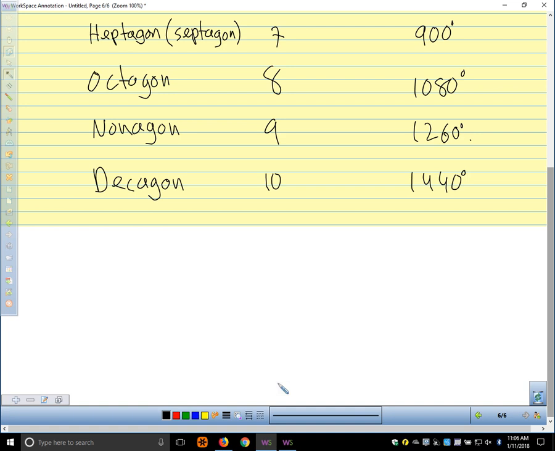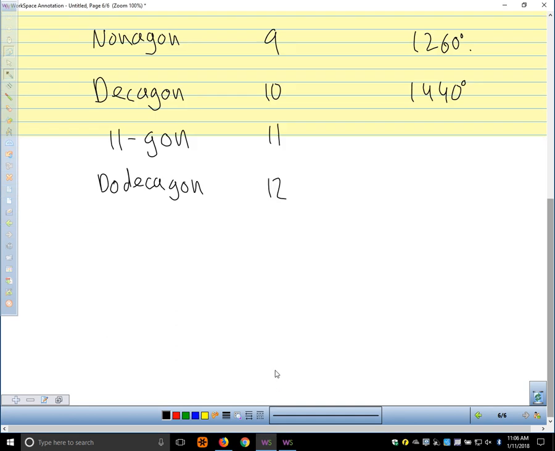No. Most of the others have a pretty boring name. An 11-sided polygon would be an 11-gon. The 12-sided one does have a special name, a dodecagon. And the rest are pretty boring. 13-gon, 14-gon, 15-gon.